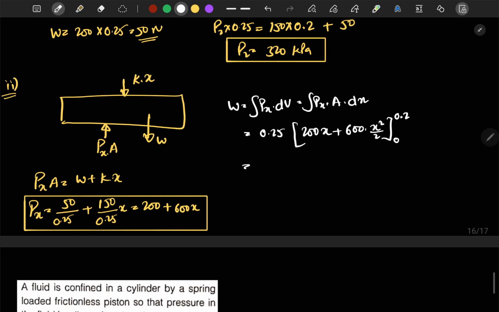So if we substitute the values, 0.25 into... Sorry, there is some mistake here, I think I made.